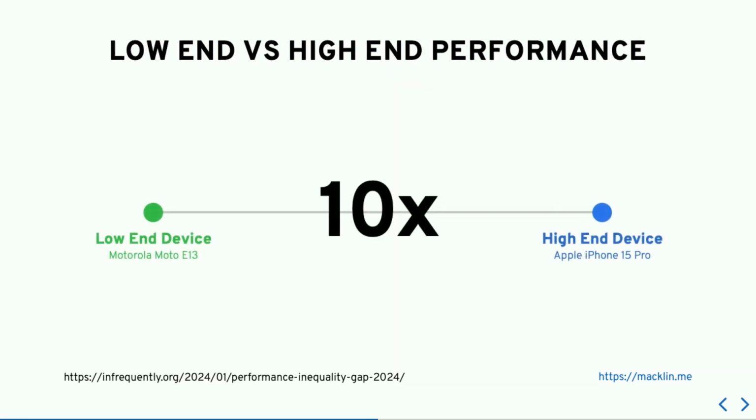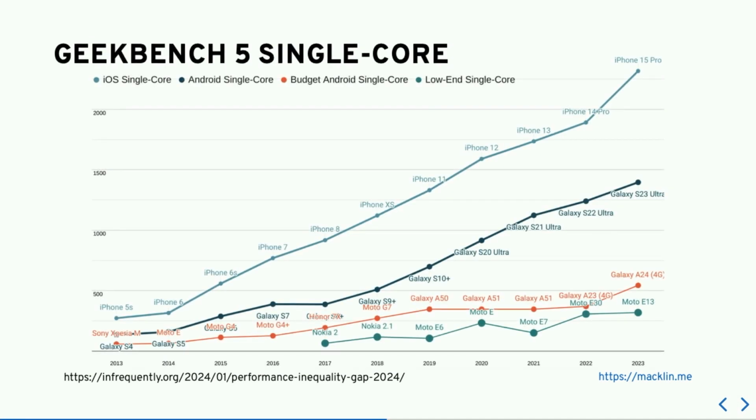But that's probably not telling the full story, because if you look at the performance of low-end devices versus high-end devices, so something like a Moto E13, which is a fairly new device, versus the latest Apple iPhone, the difference in performance is quite staggering. Here's another example where you can see the difference plotted over time. On the one hand, I look at this and I'm extremely impressed. The nerd in me goes, yeah, super powerful devices.